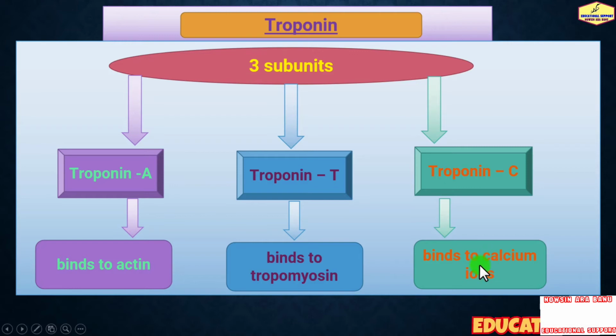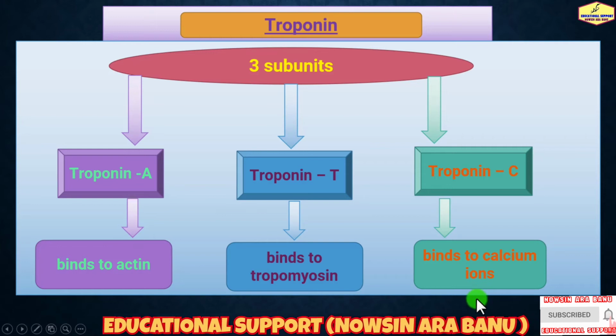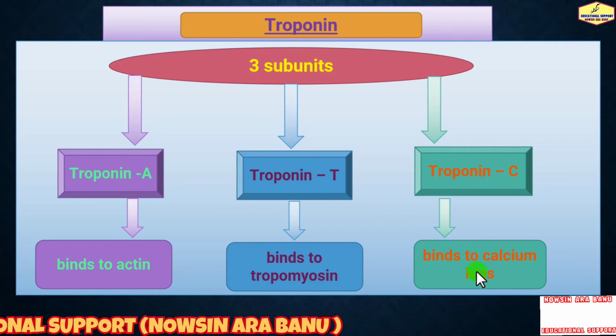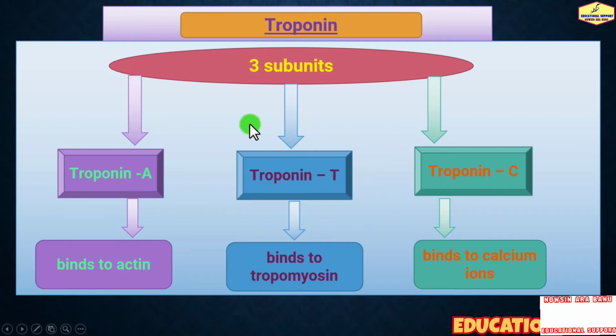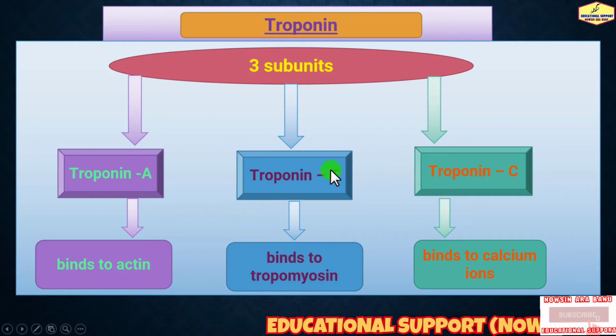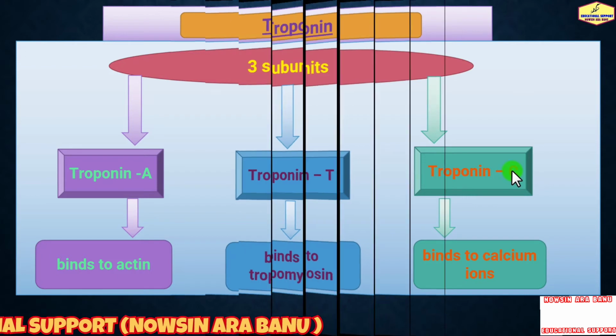So troponin takes up calcium ions from the cytoplasm to initiate muscle contraction, and tropomyosin combines with troponin in the muscle to form the troponin-tropomyosin complex or troponin-tropomyosin system.